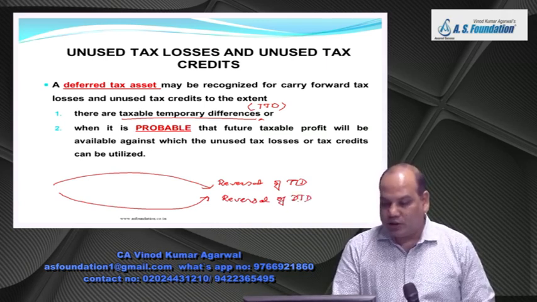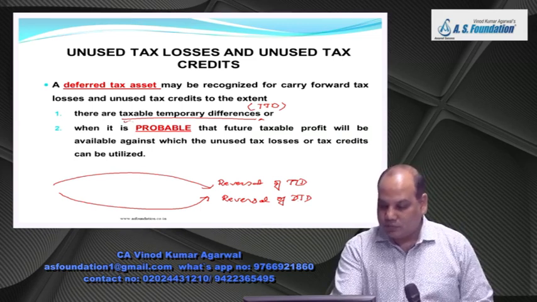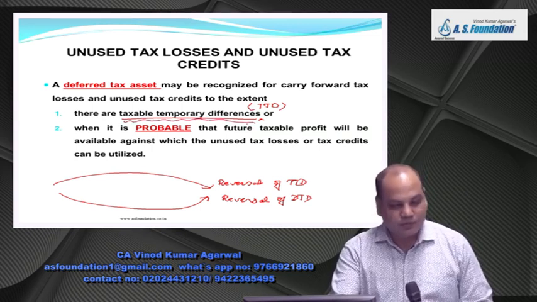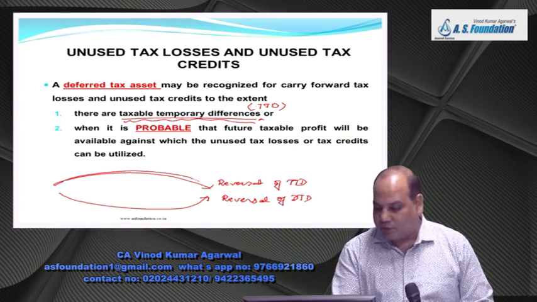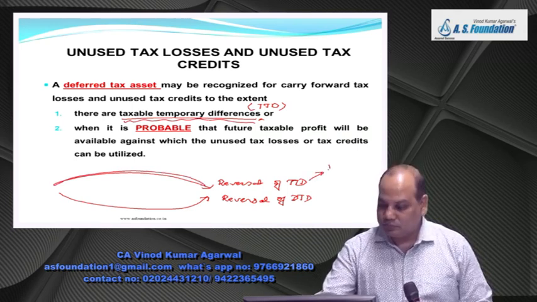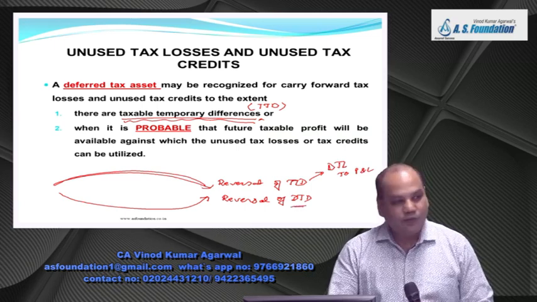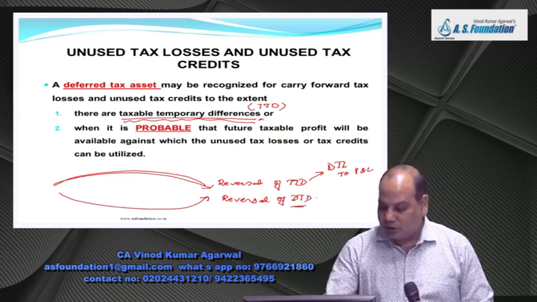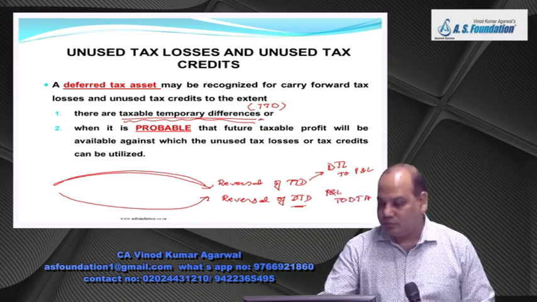So you can create DTA if you have taxable temporary difference, because taxable temporary difference will also reverse. Entry for reversal of this will be DTL account debit to P&L. An entry for reversal of DTD will be P&L account debit to DTA.